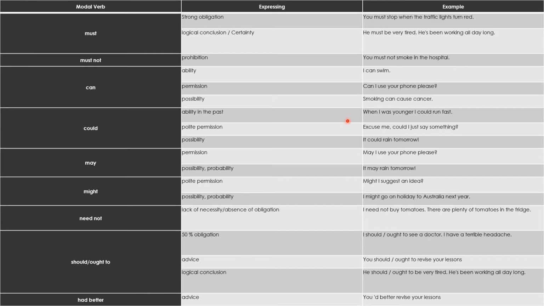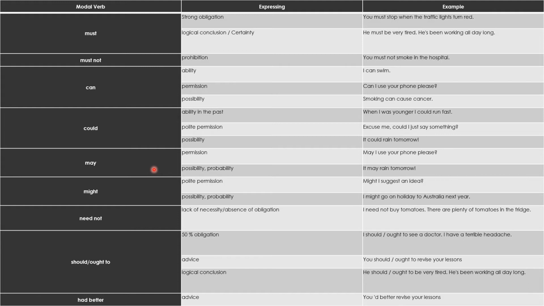I already said that it depends on the context, so whether you should use can or could or may. You need to look at the context in order to understand and identify. But you need to understand that we can express permission, possibility, and probability through may as well.